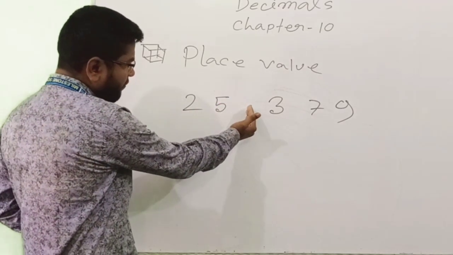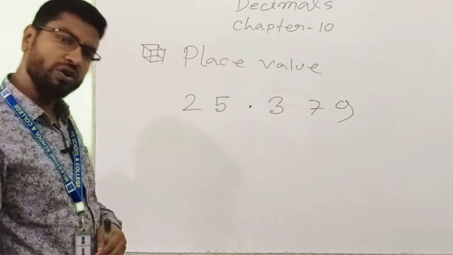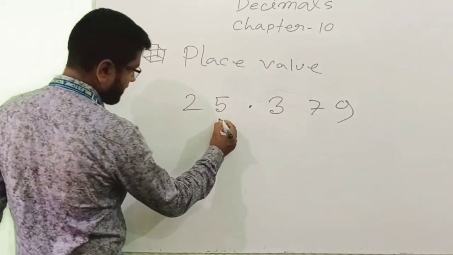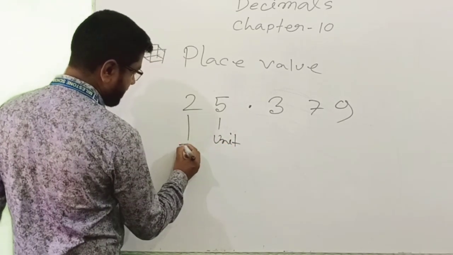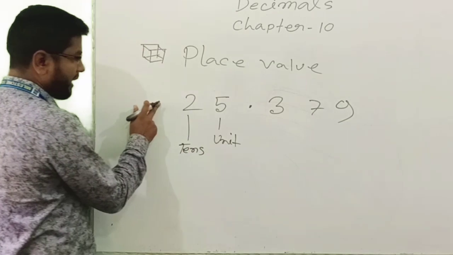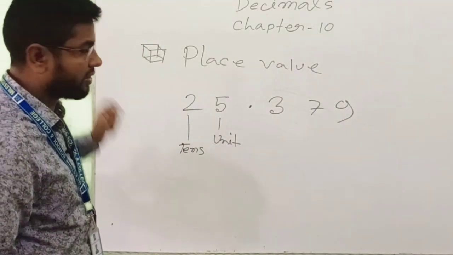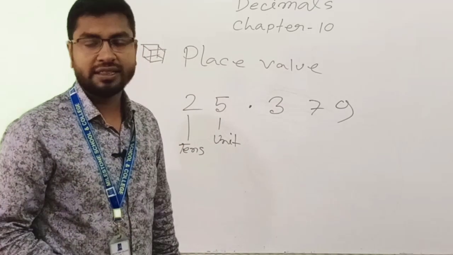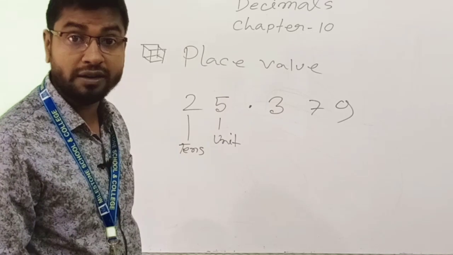Look, before the decimal it is easy to identify. We have already learned this is the unit column, this is the tens column, and this side 100, 1000, ten thousand, lakh, ten lakh, crore, this way. But after the decimal, it is not the full number, it is a part of a number.